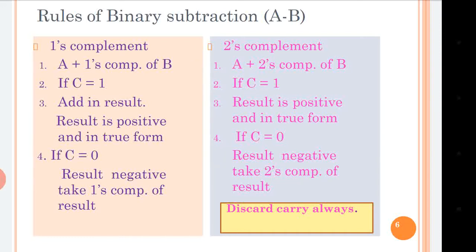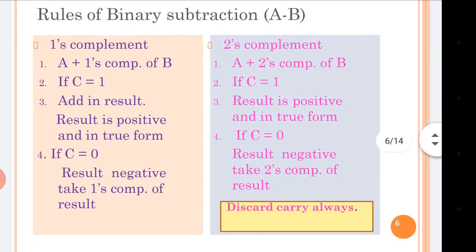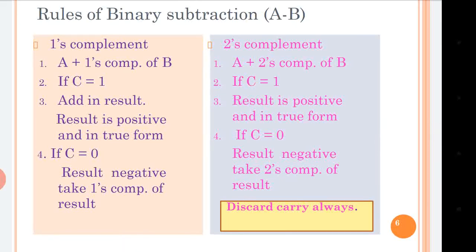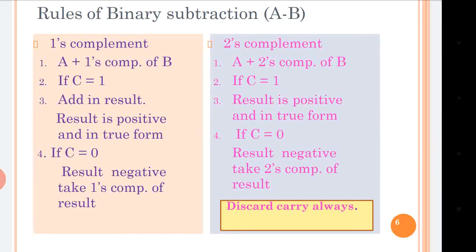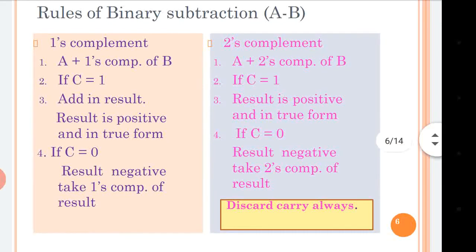For subtraction using 2's complement, the rules are: a plus 2's complement of the number to be subtracted, that is a plus 2's complement of b. While adding these two numbers, if carry is equal to 1, then the result is positive and in true form, keep it as it is.